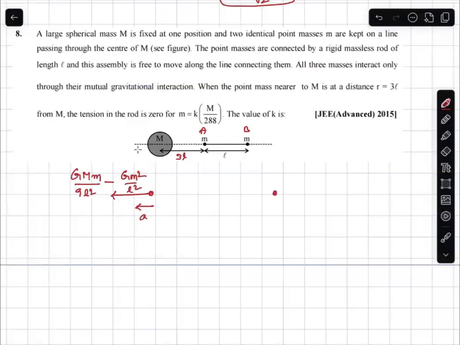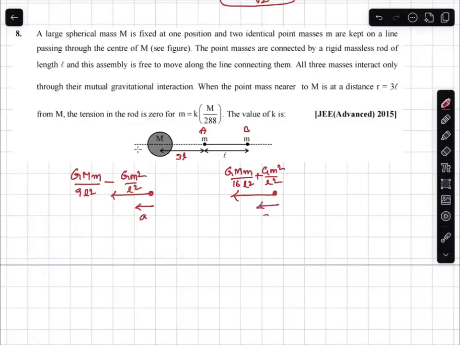Similarly, the other mass will experience two forces like this. G capital M small m by this time 4L square, 16L square, plus Gm square by L square.